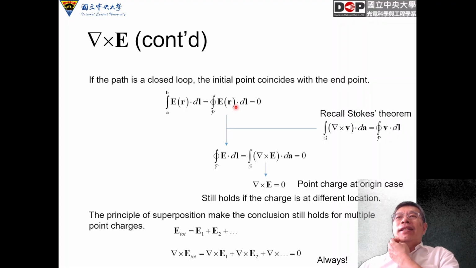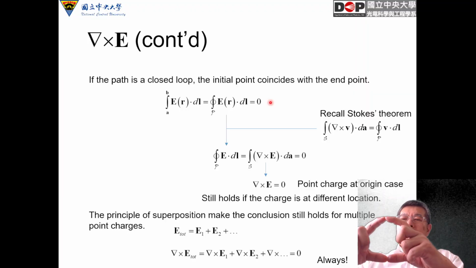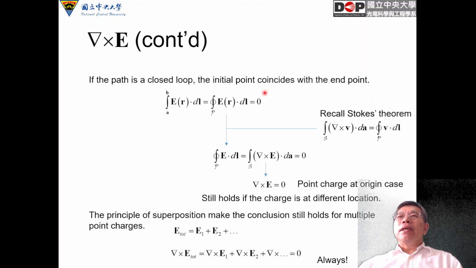With that, if the path is a closed loop, as we also talked about earlier, the initial point coincides with the end point. Closed loop means there's no beginning, no end. So this integration must be 0, or we write it down: the closed loop path integral is 0.